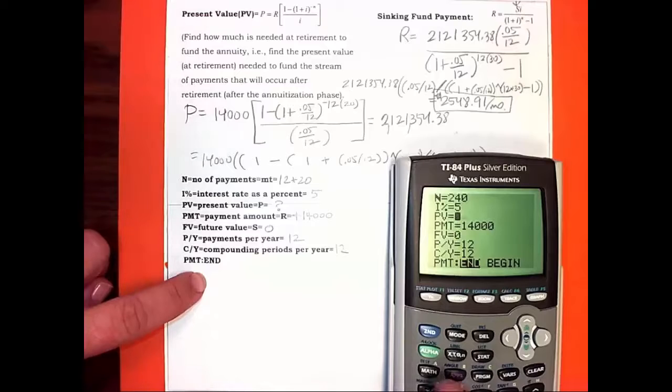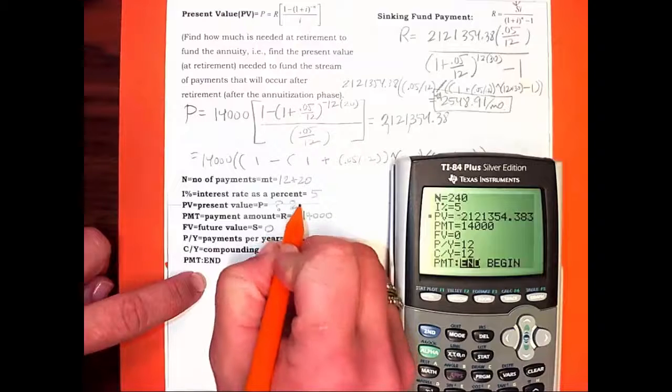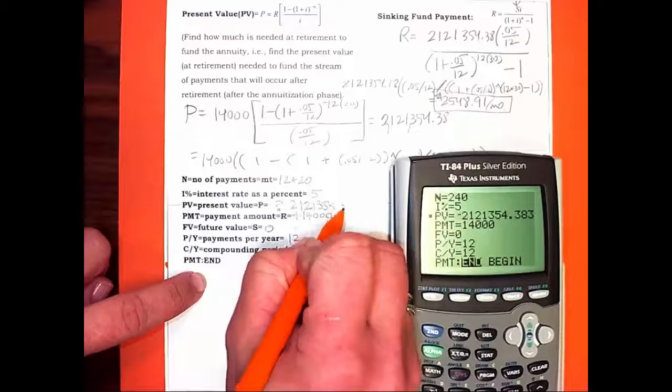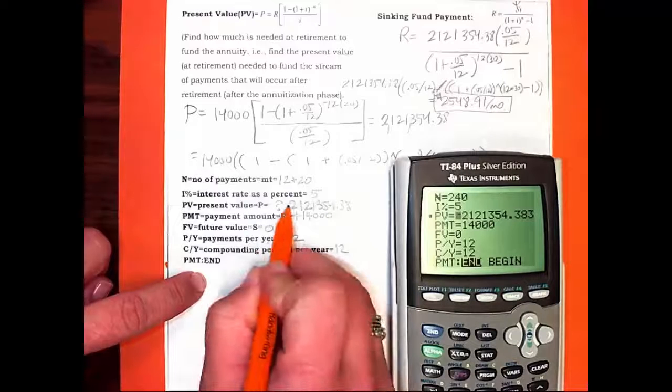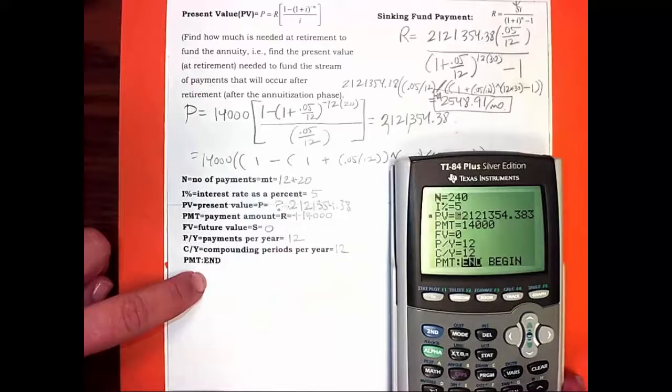This is how much she's going to need to be able to fund those payments. So alpha enter. She is going to need 2,121,354.38. Exactly what we found up there. And notice that that's a negative number. That's how much she's going to need to pay into the other account.